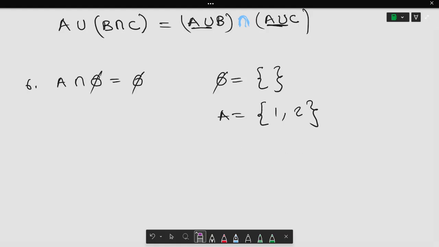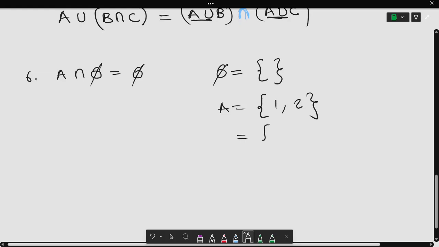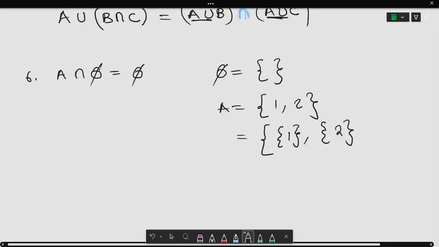You realize that A has subsets, and the subsets of A in this case will be a set that will just have 1, a set that will just have 2, and a set that will be just empty.